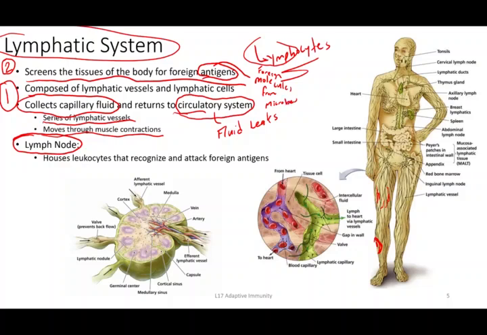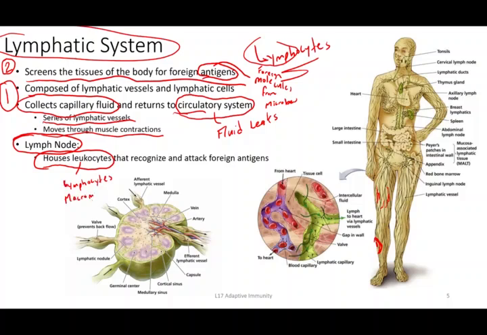And so embedded within these lymph nodes are going to be a variety of white blood cells or leukocytes. Included in that can be lymphocytes.